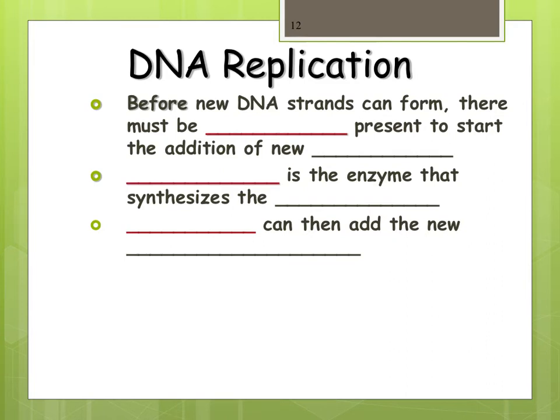That's right. So before the new DNA strands can form, you have to have a place for them to start. Wait a minute, how are we going to copy DNA? What are we attaching to the inside of it? New nucleotides, right? So before we can do that, we need to put down a primer.